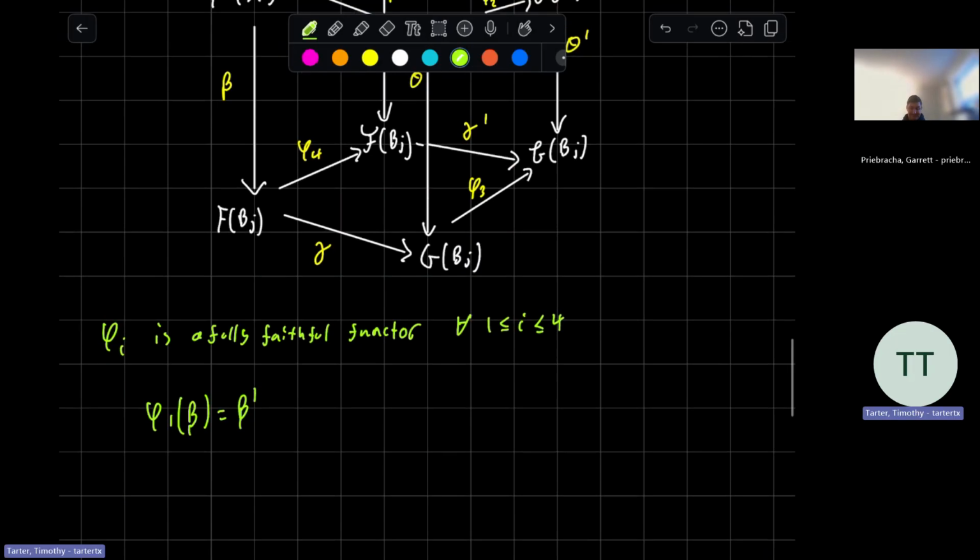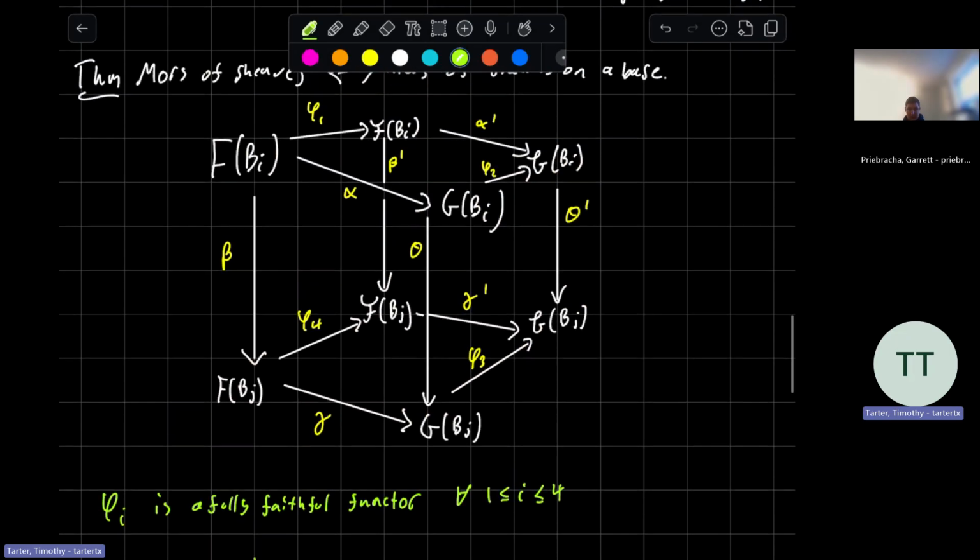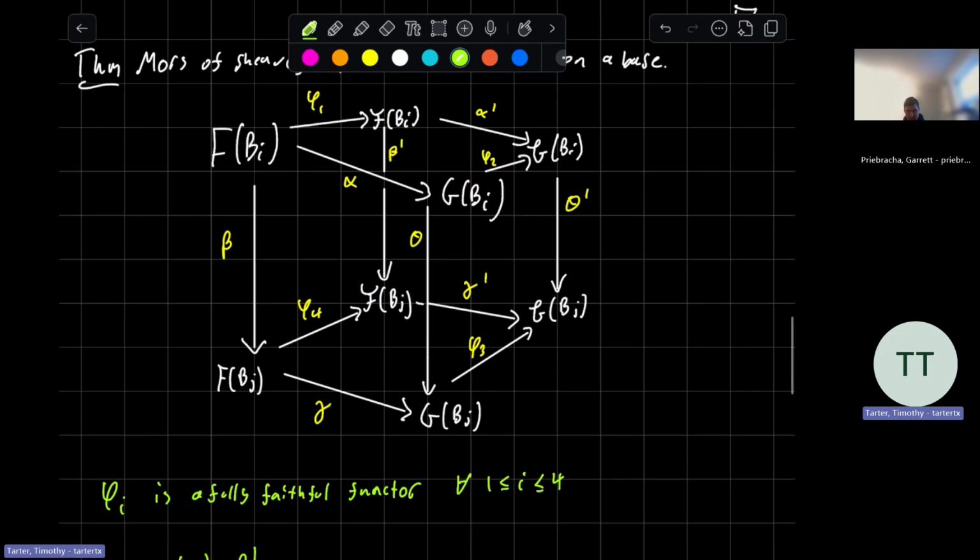Okay. So then phi 1 of beta is equal to beta prime as a functor, right?